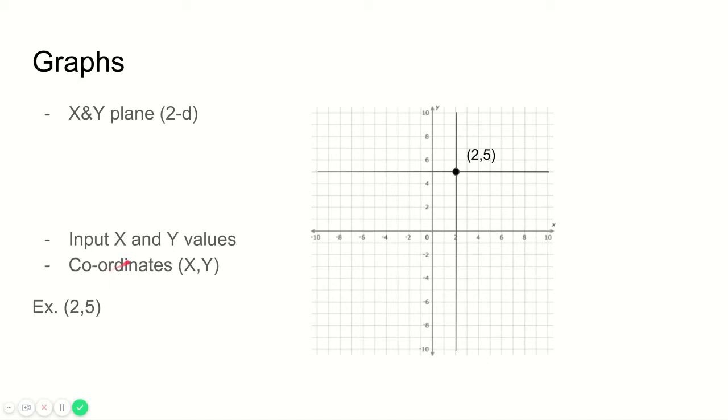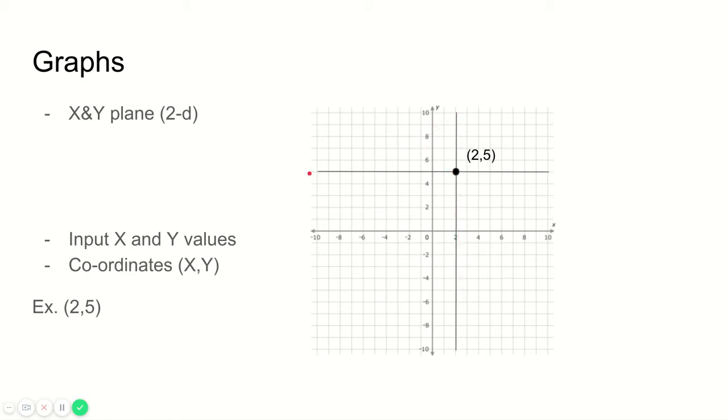For example, one way is through coordinates, where it is in this format of x comma y. An example would be 2 comma 5. So we have numbers, but how can you show that visually? Well, this coordinate is essentially just a set of conditions where it says that it can be any point on the graph that has an x value of 2, which is represented by this line.